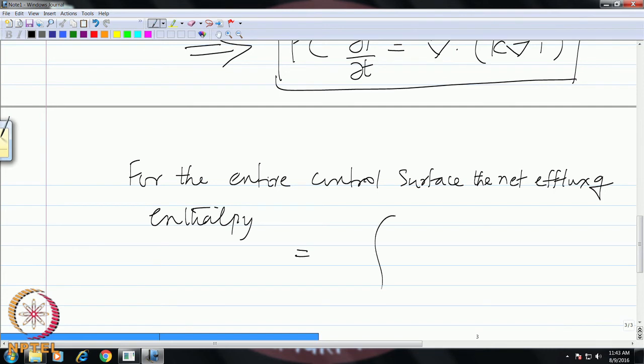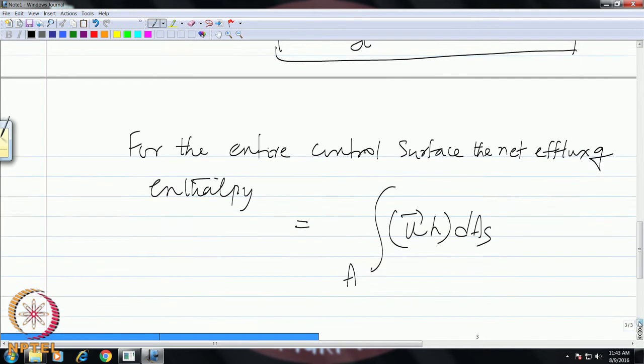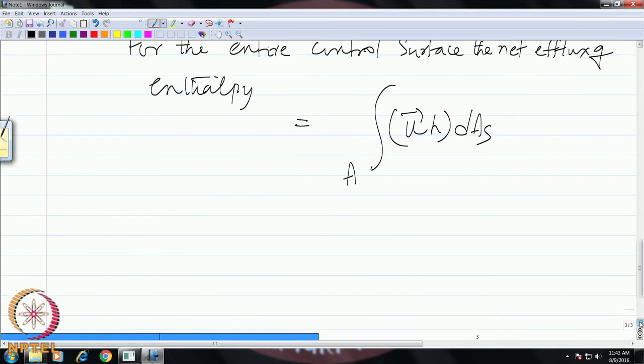You have the integral of u h, integrated over the differential surface area and over the entire area. That will give you the net efflux of enthalpy over the entire surface.